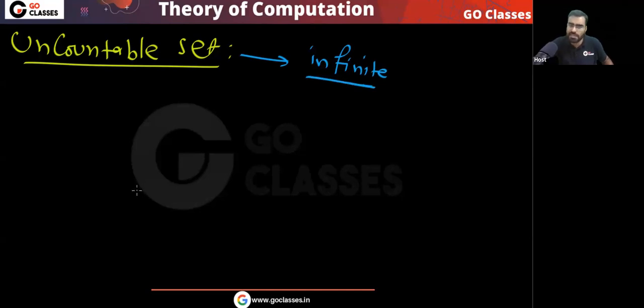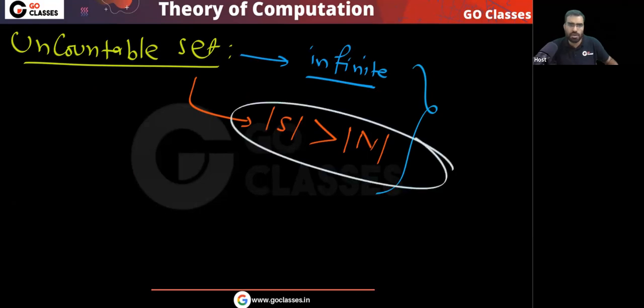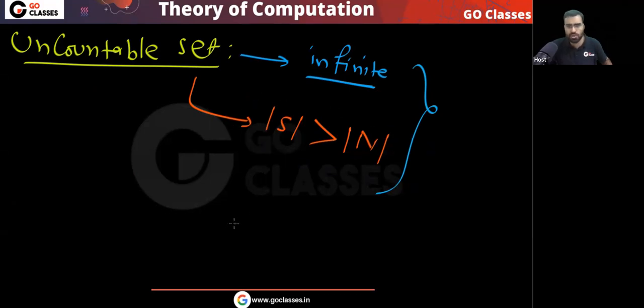So an uncountable set will be infinite, and the size of an uncountable set will be strictly greater than the size of the natural numbers. Did you understand this? Very simple. This is the definition of an uncountable set.